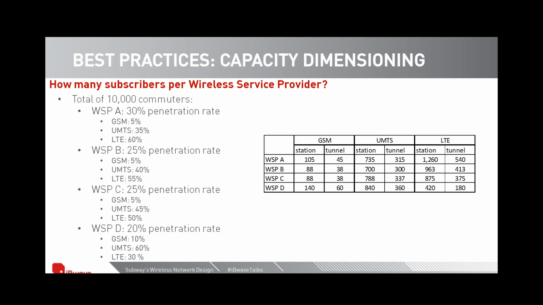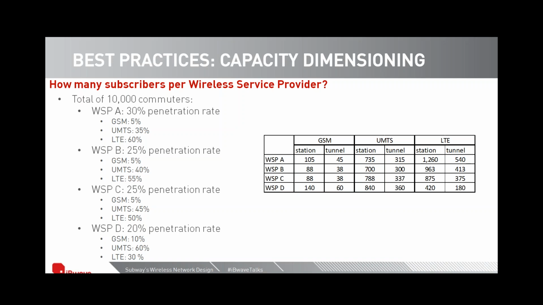Wireless service provider A has to provide for about 1,260 subscribers at the station. Wireless service provider B is 963, wireless service provider C is 875, and wireless service provider D is 420. So we see that wireless service provider B is close to 1,000 subscribers, and in our calculations we are going to assume that we need to provide for 1,000 LTE subscribers.